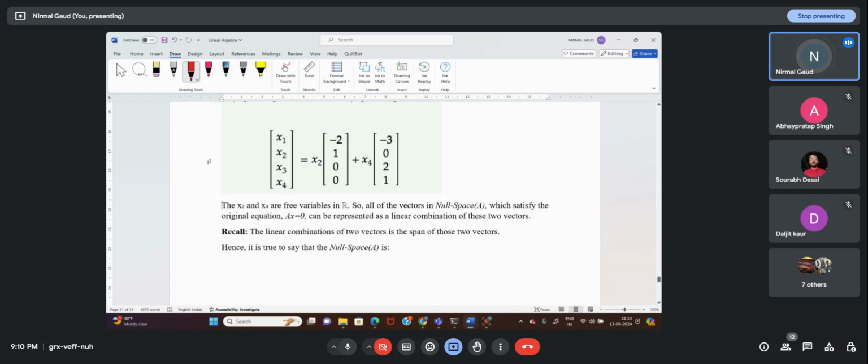And we have x1 and x3 also, which are dependent on these variables. So it said that all the vectors present in the null space satisfy the equation Ax equal to 0, and we can represent them as a linear combination of two vectors. This is one vector, this is the other vector, and by the linear combination of these two vectors, I can represent them.